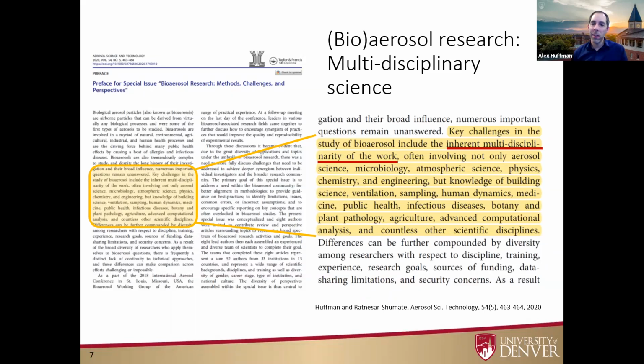I highlighted here, it says the key challenges in the study of bioaerosol include inherent multidisciplinarity of the work, often involving not only aerosol science, microbiology, atmospheric science, physics, chemistry, and engineering, but knowledge of building science, ventilation, sampling, human dynamics, medicine, public health, infectious disease, botany, and so on. And so you can see how this can be complex when applied into a research environment, because it requires collaboration between people that often don't sit in the same room or talk to each other. And so we've got to get on the same page with definitions and thought processes, things like this.